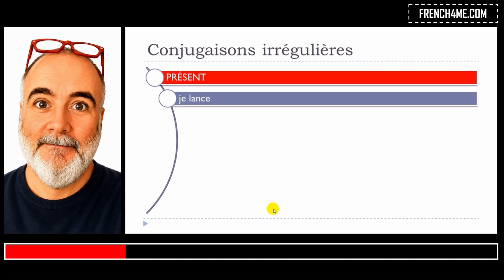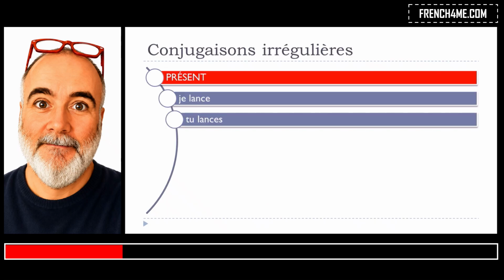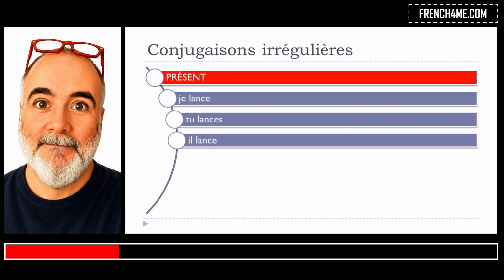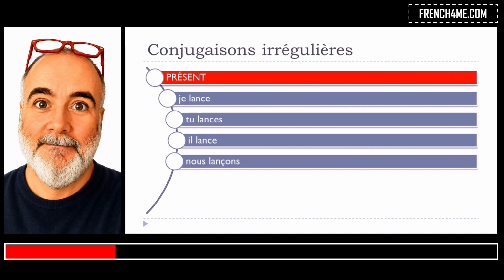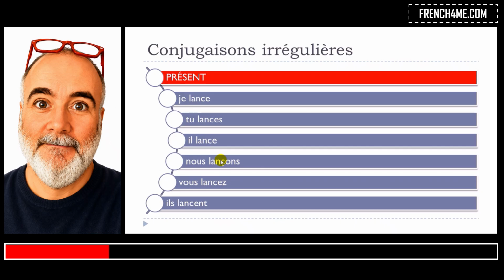For the present form: je lance, tu lances, il lance, nous lançons, so as I said, it's here. Vous lancez, ils lancent. So clearly for all the other forms, you don't modify it. You just respect the rule for the regular verbs.